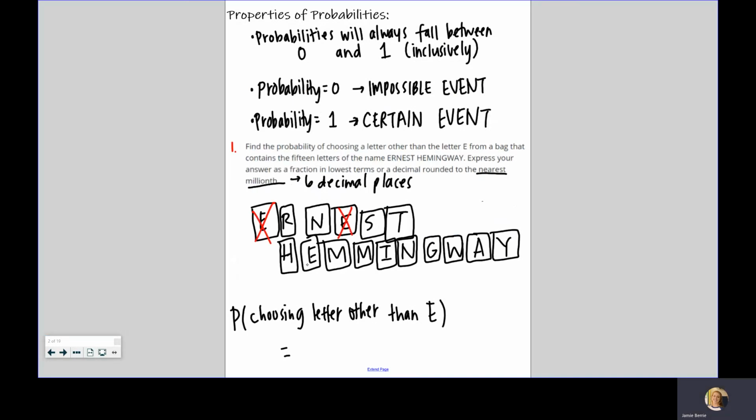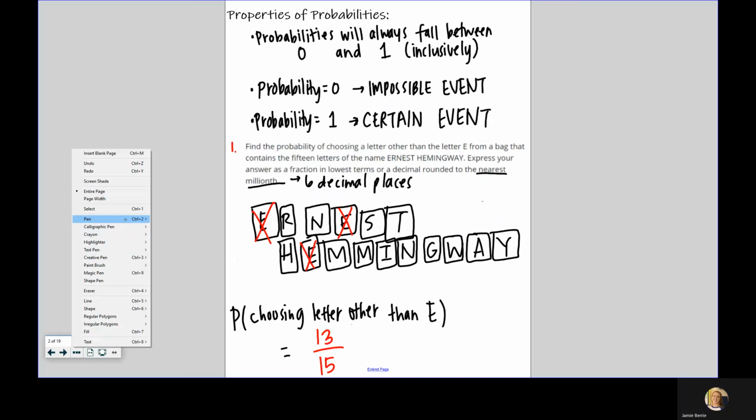There's an E, and there's an E. How many letters would be left over if I took out those 3 E's? That would be 1, 2, 3, 4, 5, 6, 7, 8, 9, 10, 11, 12, 13. So there are 13 letters other than E left, and there were 15 letters altogether. So there's my probability, 13 out of 15.